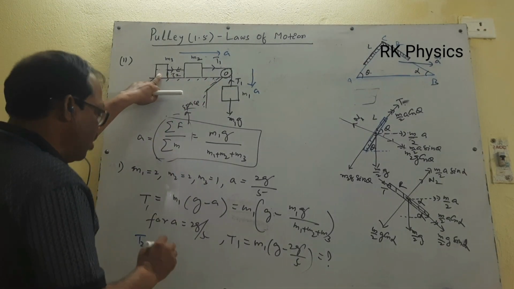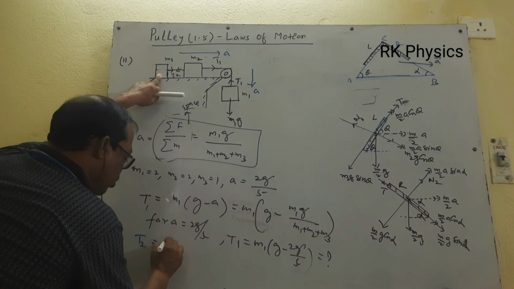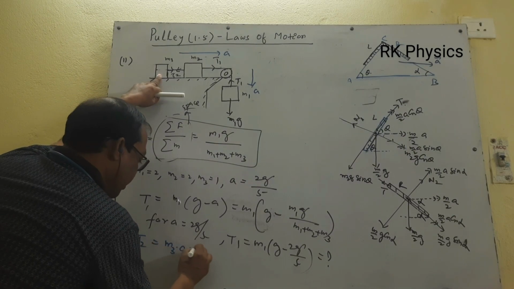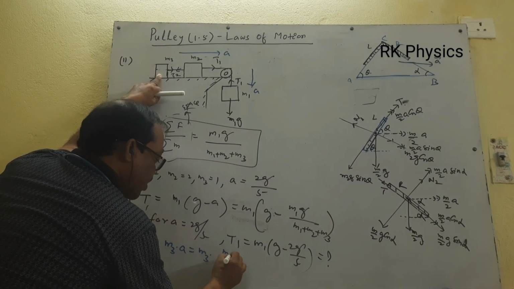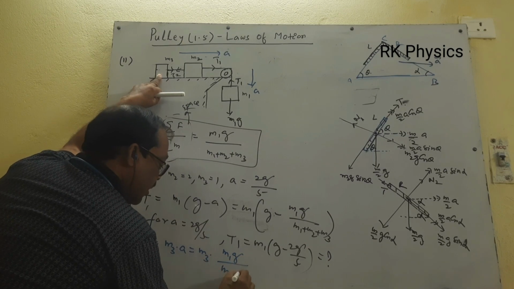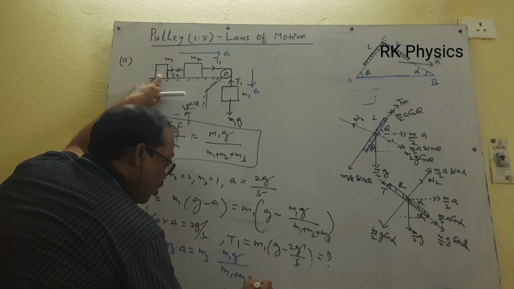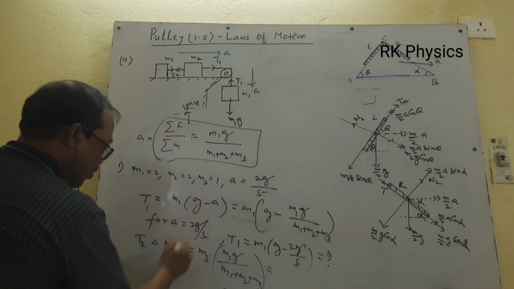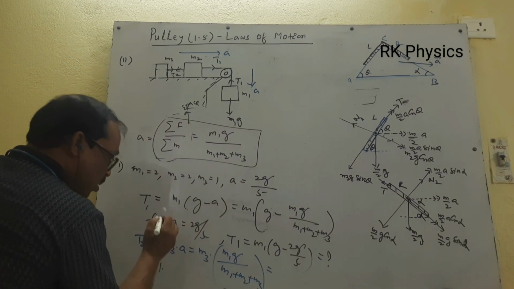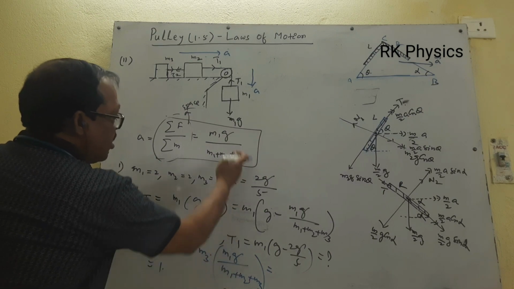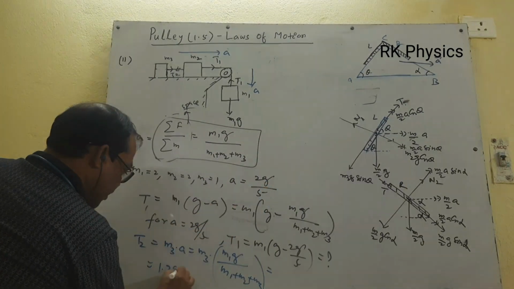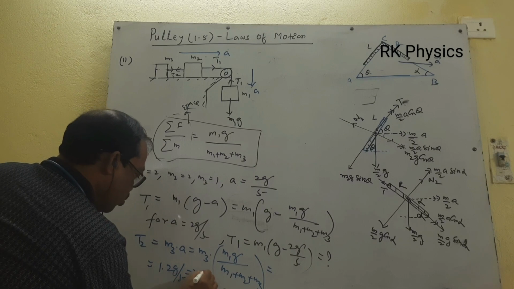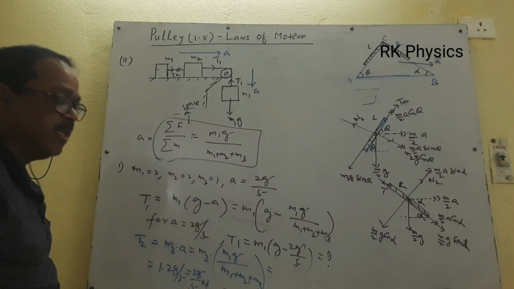Therefore, T2 is acting on mass M3, so T2 is M3 into a, that is M3 into M1 g divided by M1 plus M2 plus M3. As per the given problem, M3 is 1 and a is 2g by 5, so this is 2g by 5 newton. It is easy to get.